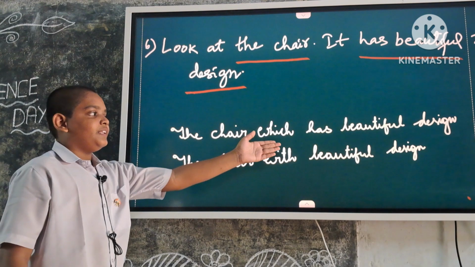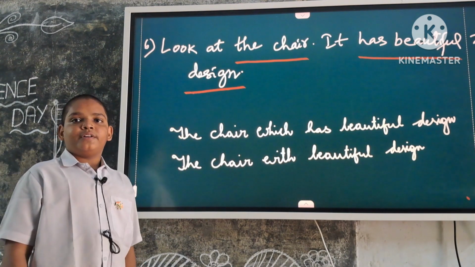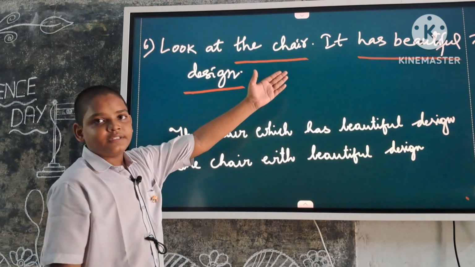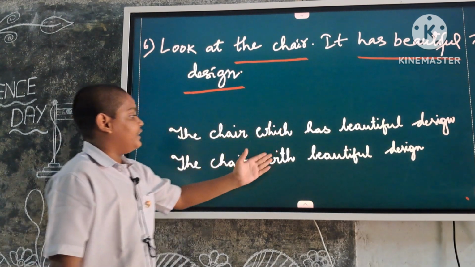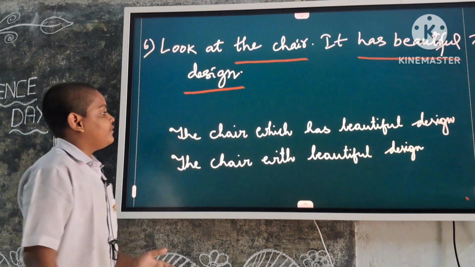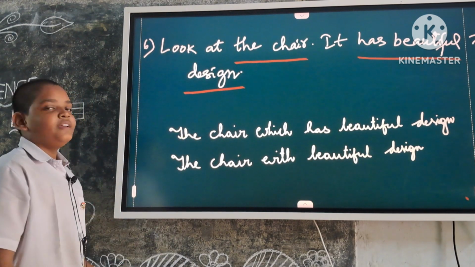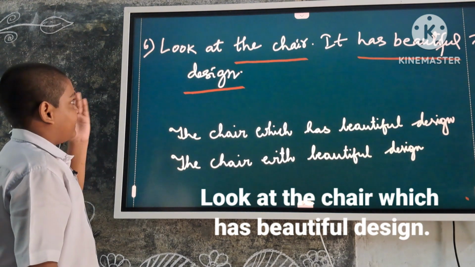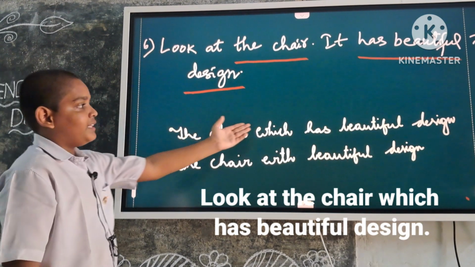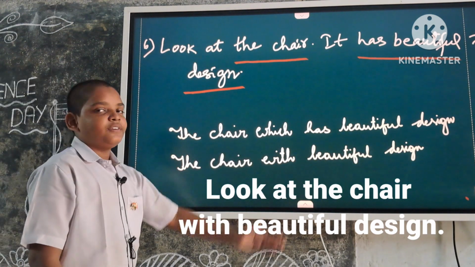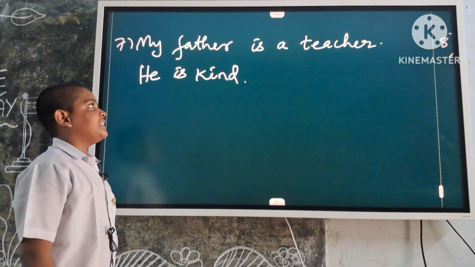With beautiful design is post modifier prepositional phrase. In prepositional phrase has converted into with. Now replace the previous noun phrase with newly formed noun phrases. We get the answers. Now the answer is look at the chair which has beautiful design, or look at the chair with beautiful design.